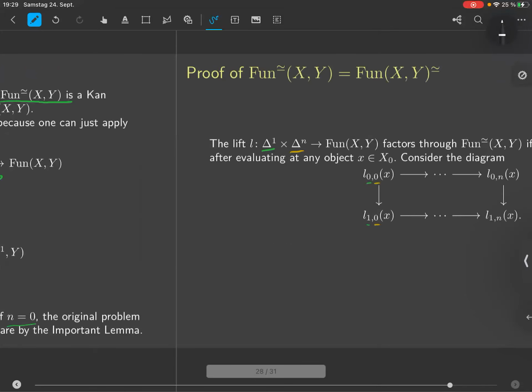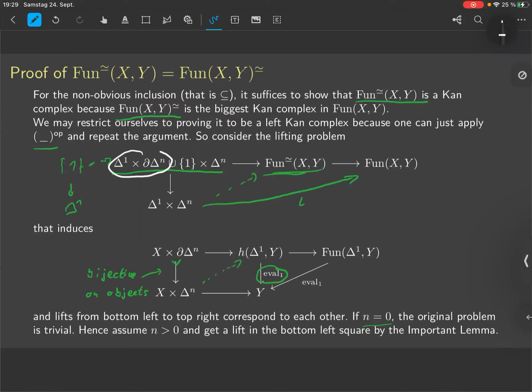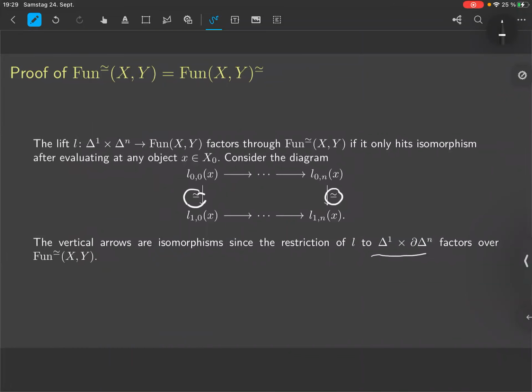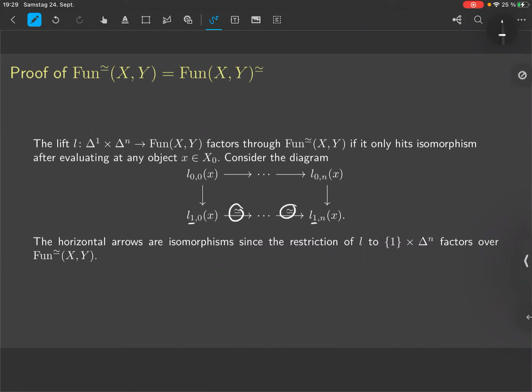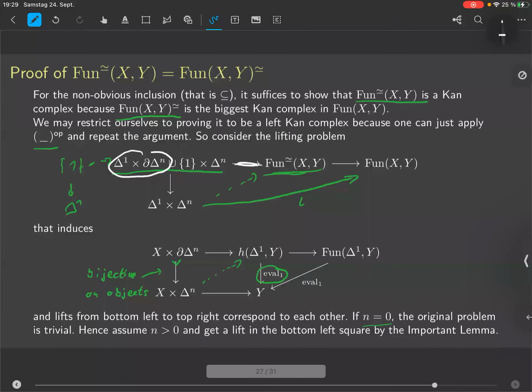So they are isomorphisms. Similarly, the bottom ones work as well, because now the first coordinate is 1, and there the restriction to this part also factors over the functor category, and this is what lives here.